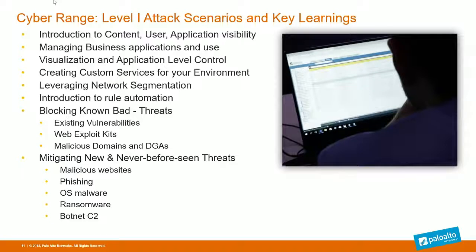So a couple things I want to tee up here. There are two parts of the attack scenarios. One is thinking through blocking known bad. What's out there today? What do we need to be aware of? Some of the best practices, but also giving you that direct experience.